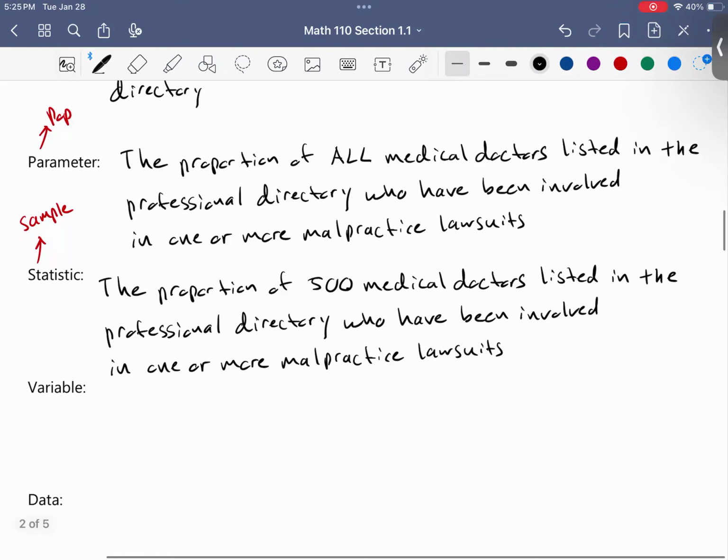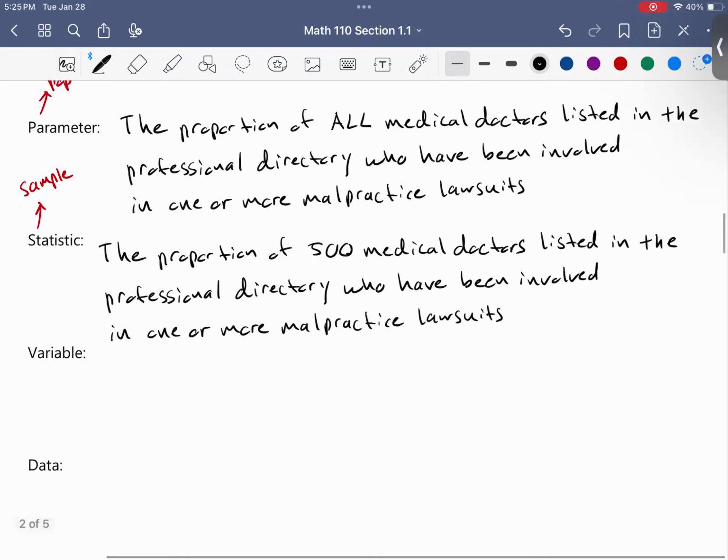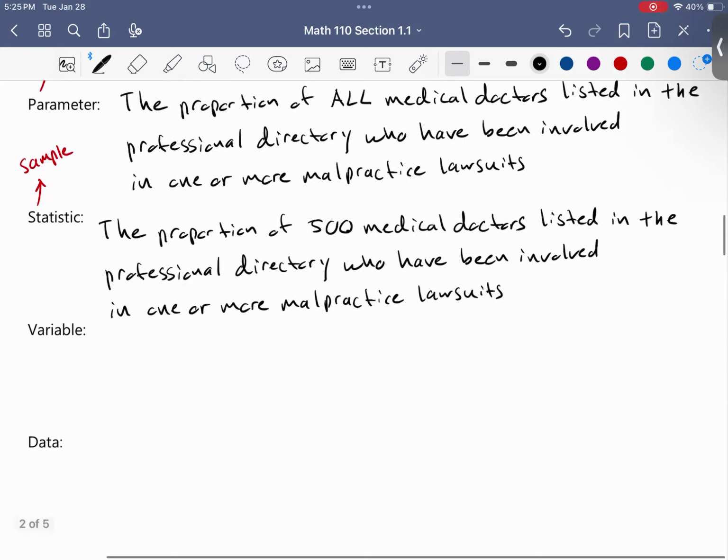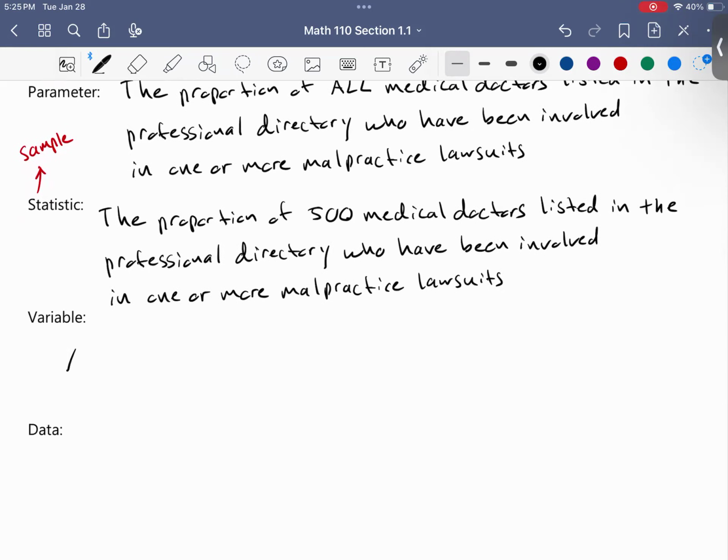So for variable, what this can be is really just a number of times one medical doctor has been involved in a malpractice lawsuit. So let me go ahead and write that out.